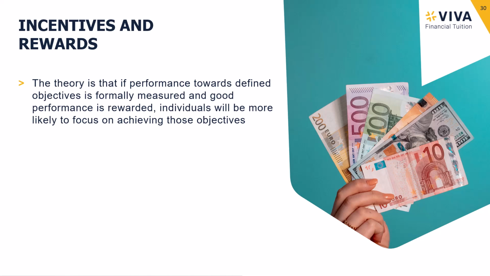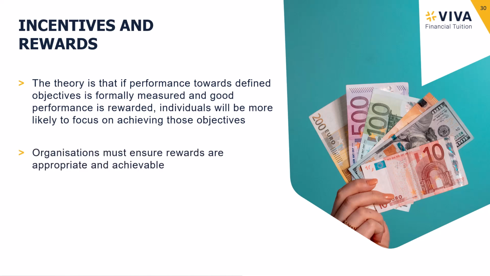So the theory is that if performance towards defined objectives is formally measured and good performance is rewarded, individuals will be more likely to focus on achieving those objectives. So we must ensure that rewards are appropriate and also achievable, because if they're not achievable, then that could have an adverse impact and it could actually lead to demotivation.